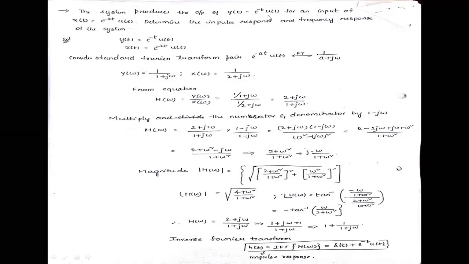Determine the impulse response h of t and the frequency response h of omega for the given functions y of t and x of t. Now I will explain here.